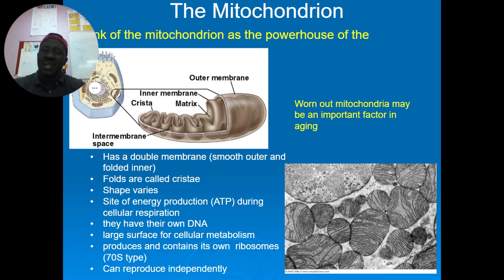A symbiotic relationship means it lives in this cell to provide it with energy, and the cell keeps it to provide it with support. The cell provides the support, the mitochondrion produces energy. That's a symbiotic relationship between a mitochondrion and the cell.